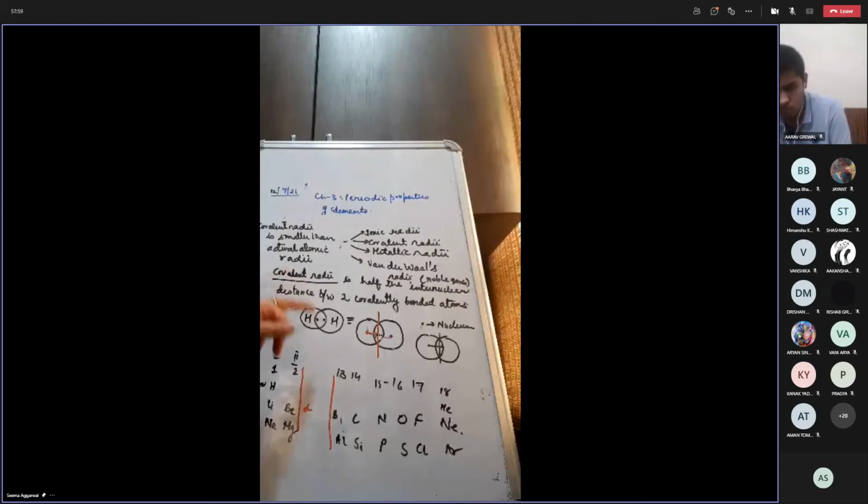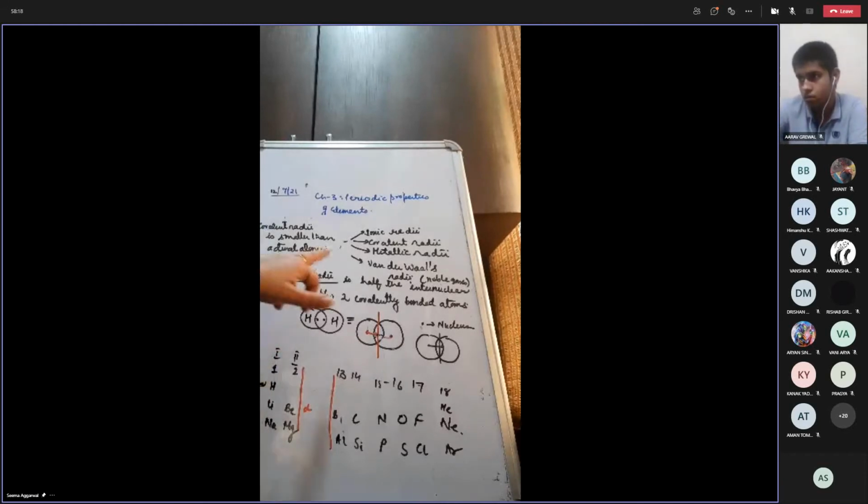It means there is no exact boundary. We show it like this. It means this is the reason, it is not having a sharp boundary. Okay? So this is the reason. So we can determine only the covalent radii, and covalent radii is smaller than the actual atomic radii.